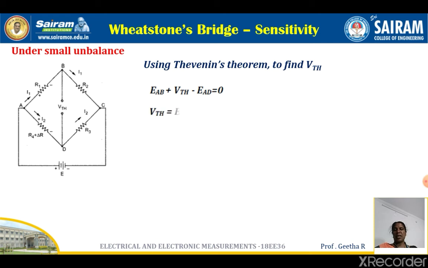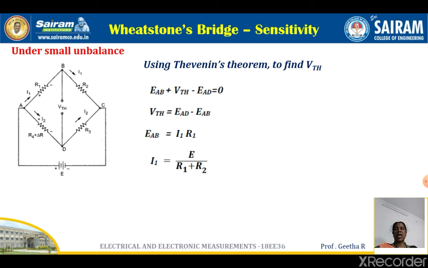From this, VTH can be written as EAD minus EAB. What is EAD? The resistance across AD is R4 plus del R, and the current through that is I2. EAB: across A and B you have R1, and the current through R1 is I1, so I1 R1 is EAB.